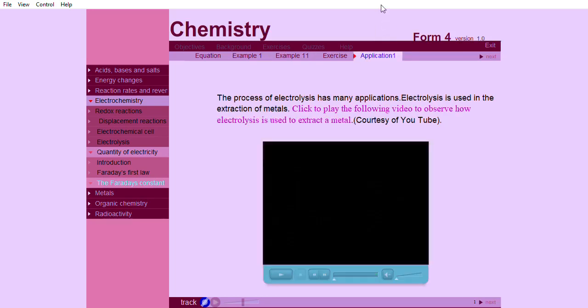The process of electrolysis has many applications. Electrolysis is used in the extraction of metals.